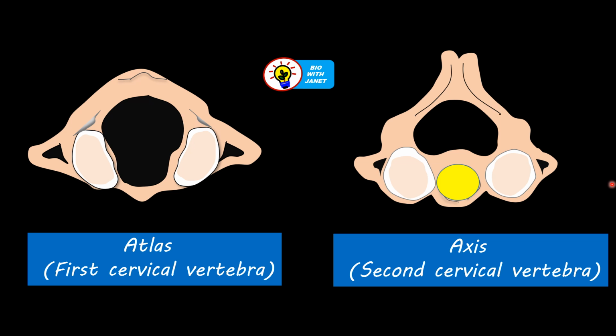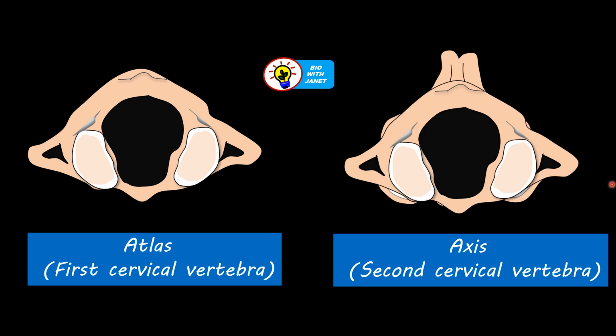So the atlas sits on top of the axis, and the odontoid process fits right into this part of the atlas, all right? And then there is a ligament to hold this odontoid process in place, right? So the pink structure is a ligament.